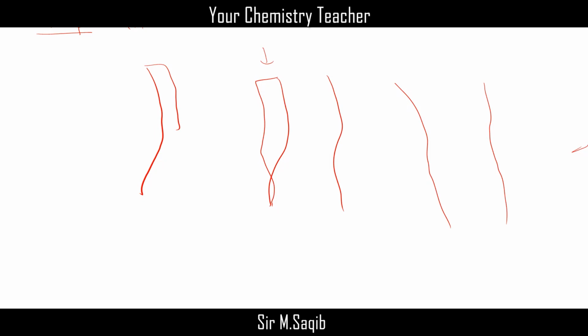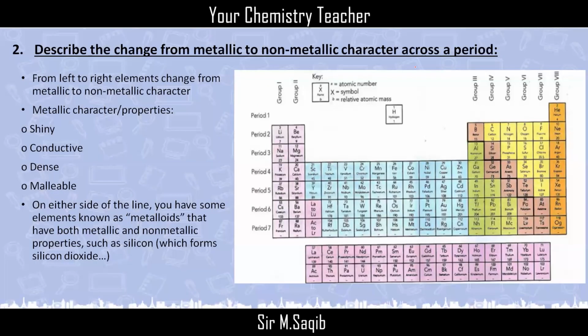So we have group 1, then group 2, then group 3, group 4, 5, 6, 7, and 8. So we have a total of 8 groups over here.